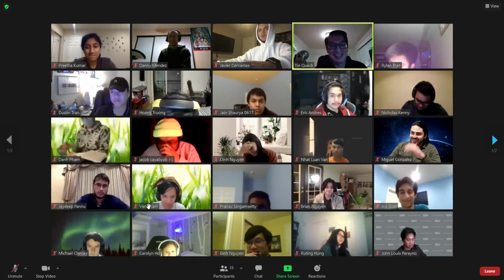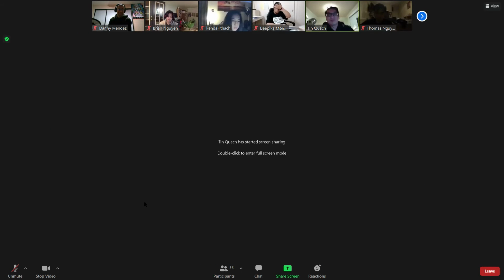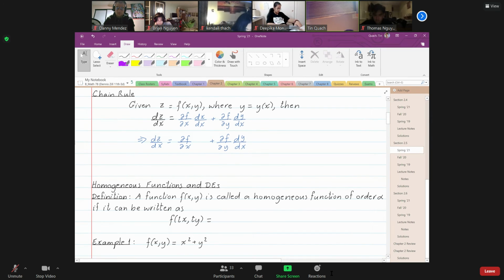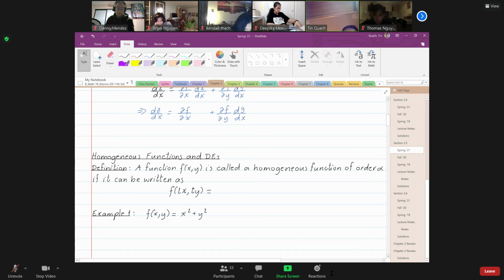Okay, so now let's go to this section. What we are trying to do is get the dz, right? From here, let me do one extra step in between. dz/dx is equal to the partial derivative of f with respect to x, and dx/dx is 1. So that is this. The total differential, that's what it's called, dz.